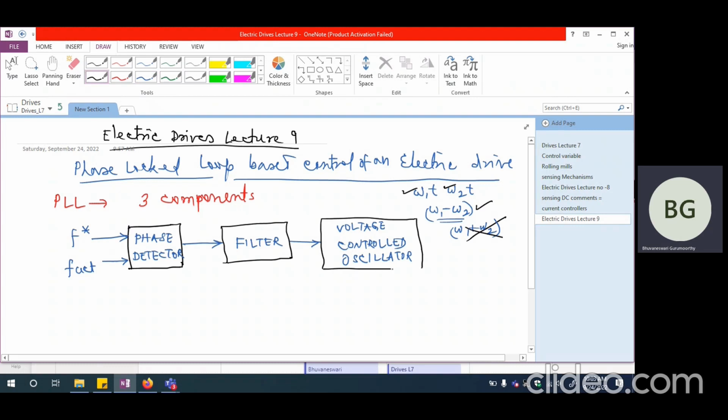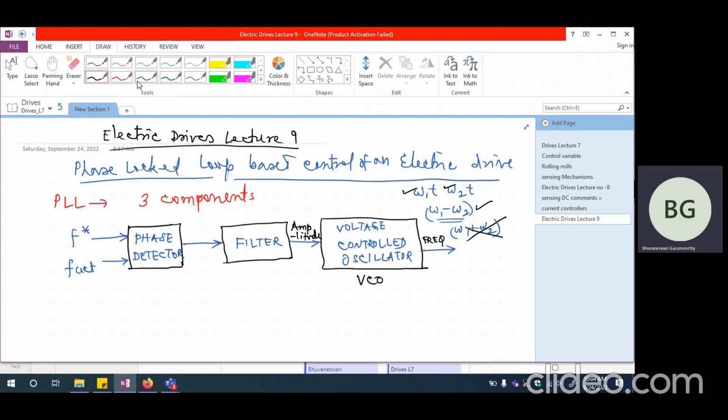So whatever is the amplitude that is coming out here will be converted into corresponding frequency at the output. So this will be amplitude to frequency conversion. The frequency that comes out is going to be proportional to the amplitude which is going into the voltage controlled oscillator or VCO.